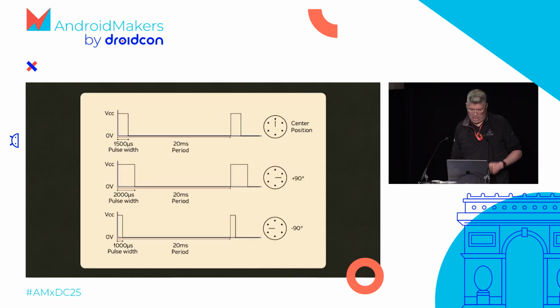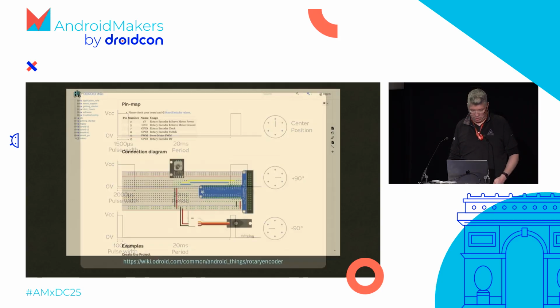Very simple stuff. And they are controlled, as you might guess, with a PWM signal. And right here, we can see exactly how that works. If your servo is at the center position, it's expecting a certain signal. If it's all the way right or all the way left, it's expecting another signal. So that's what we're trying to communicate to the part.